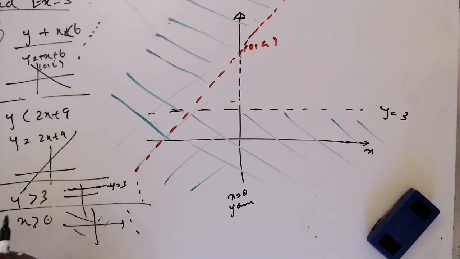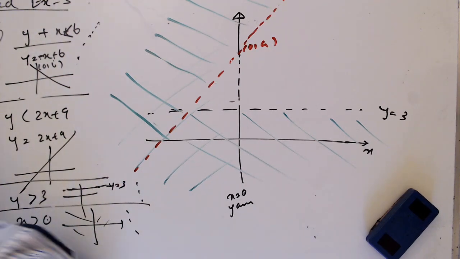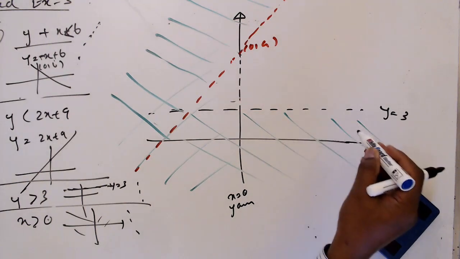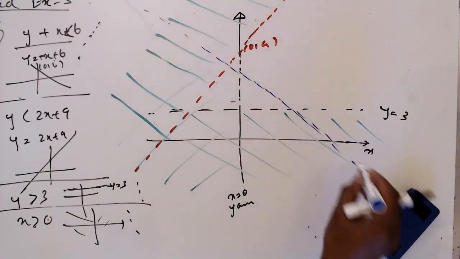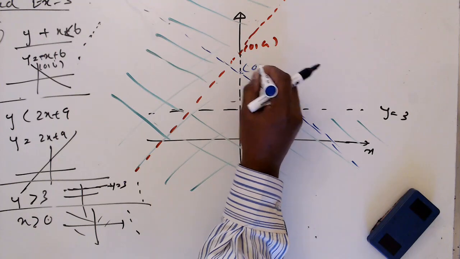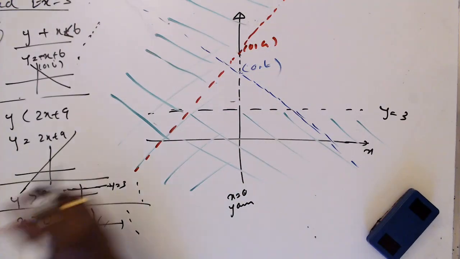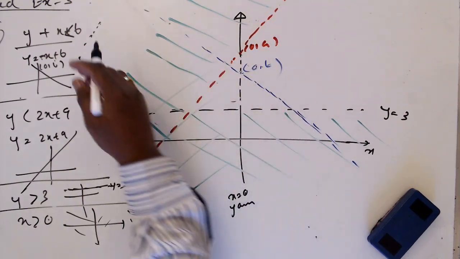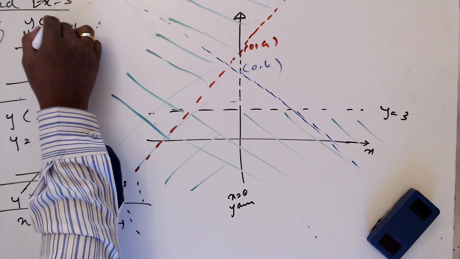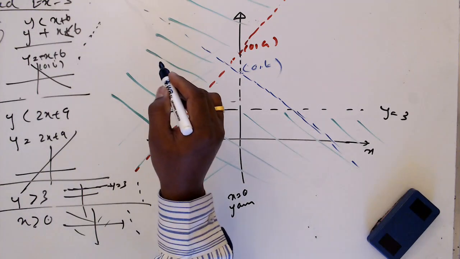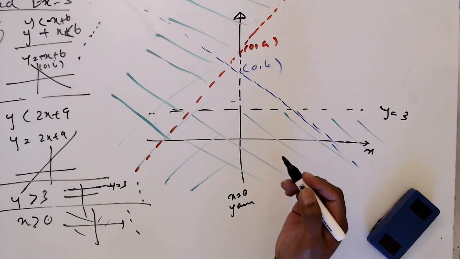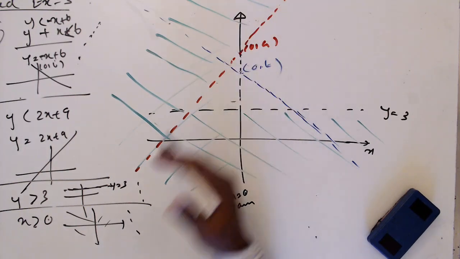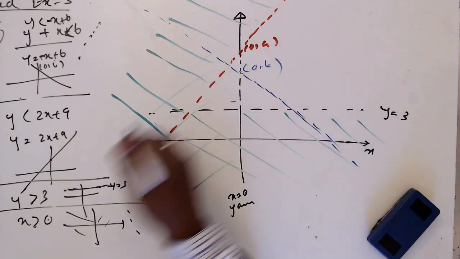y equal minus x plus 6. I'll draw it there. This is (0, 6). Now from this line we need y less than minus x plus 6. So this is the area we need, y less than. The other side we don't need.